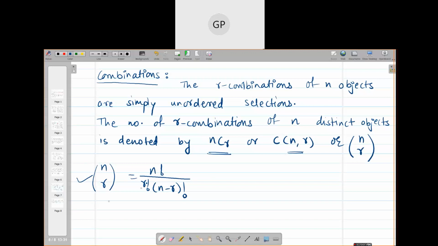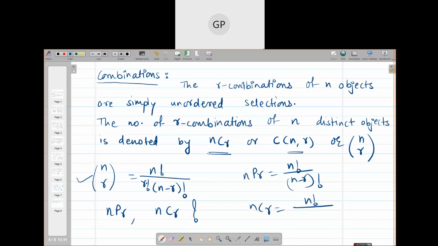So what is the relation between nPr and nCr? nPr is equal to n factorial upon n minus r factorial, and nCr is equal to n factorial upon r factorial into n minus r factorial. So you have something in common here.